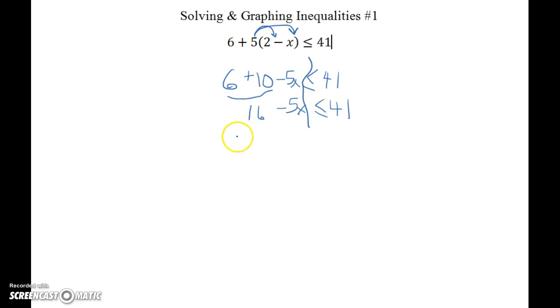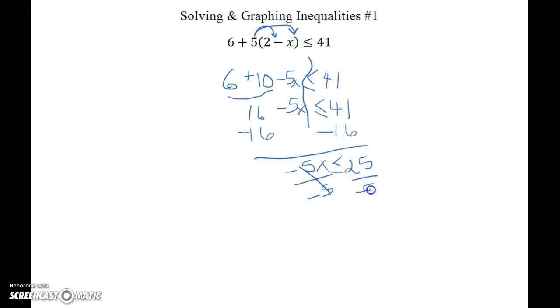And then from there, I'm going to subtract 16 from both sides. So negative 5x is less than or equal to, and 41 minus 16 is 25. And then just as though it were an equation, I'm going to divide by the negative 5 because I want to eliminate the coefficient.